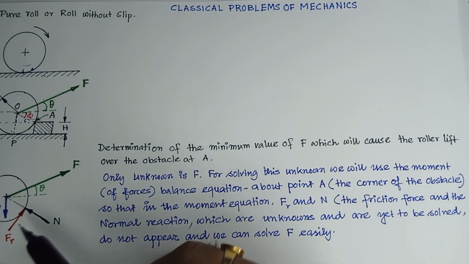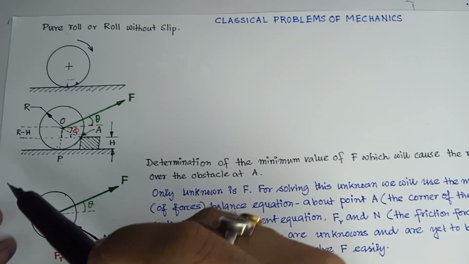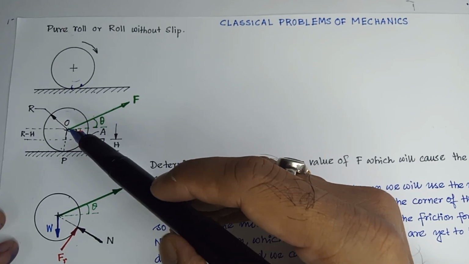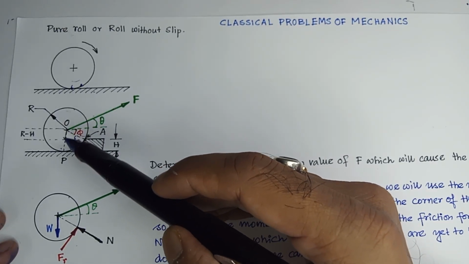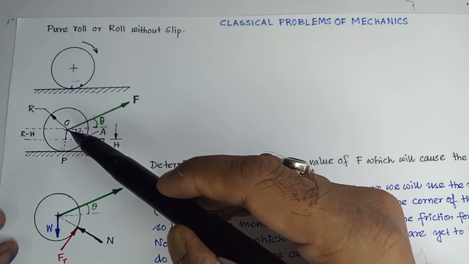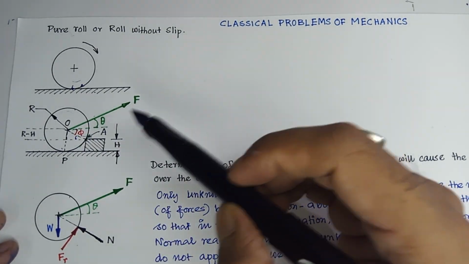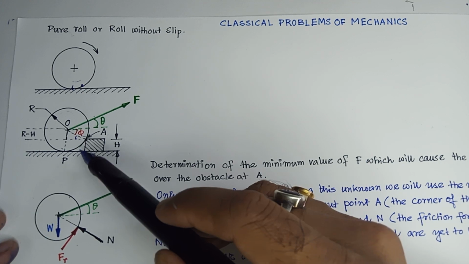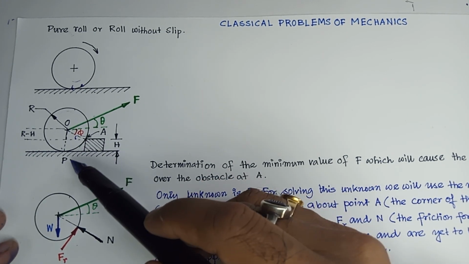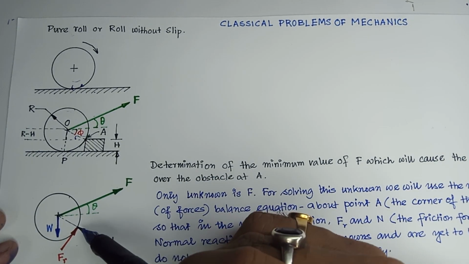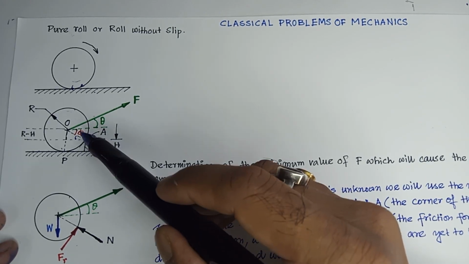Okay, so how many forces will be there if I try to draw the free body diagram? The active forces are the weight, and the pull, that is this F, and there will be a friction in the direction opposite to the direction of possible slip.